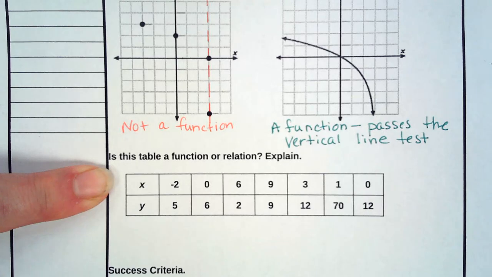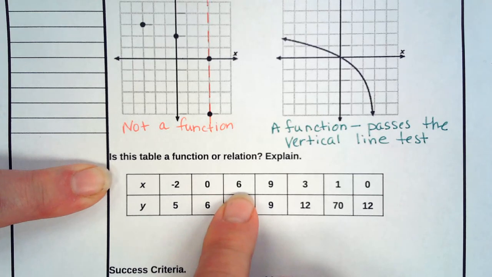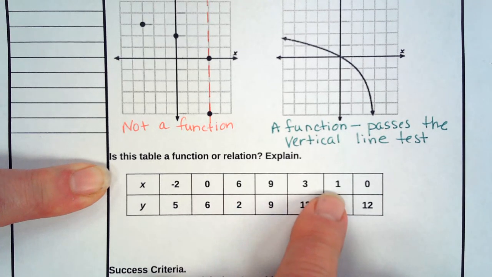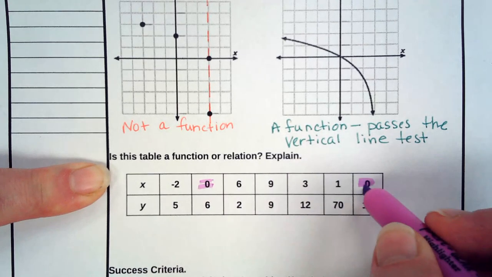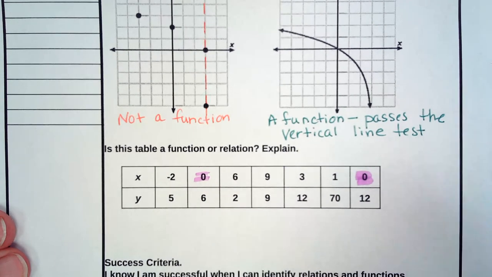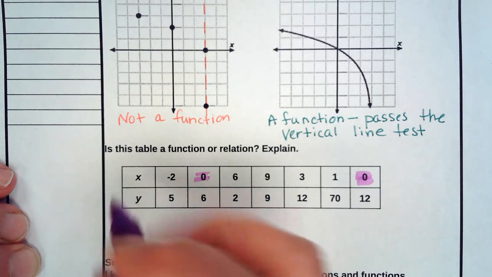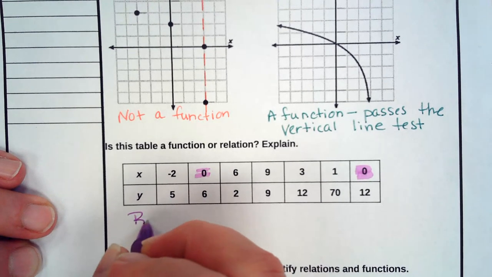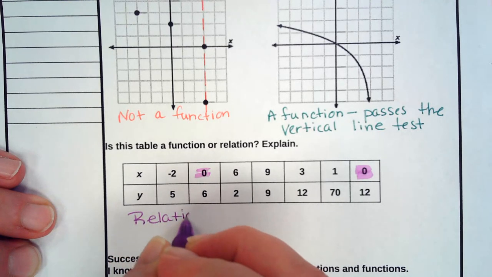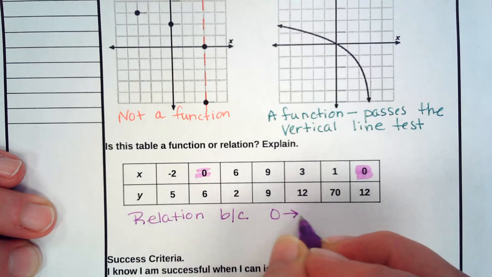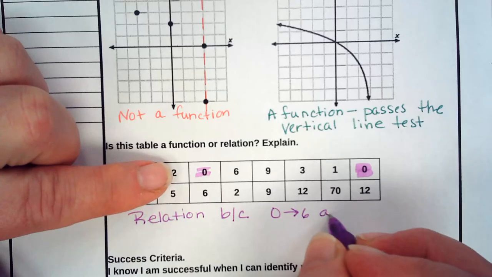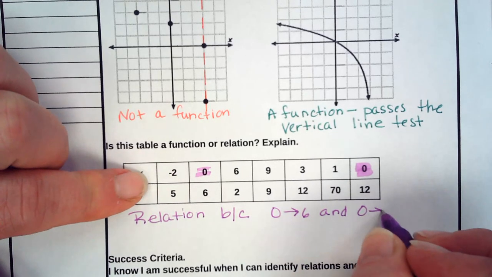So I'm focusing on my x values: -2, 0, 6, 9, 3, 1, 0. I have 2 zeros. That means it is not a function, but it is a relation. 0 is mapped to 6, and 0 is mapped to 12.